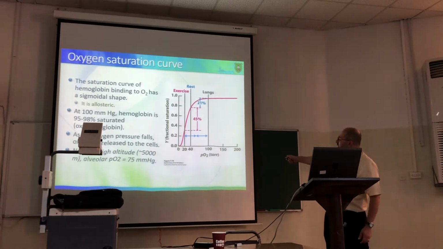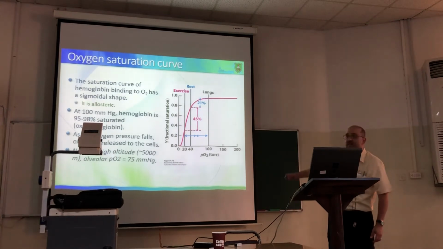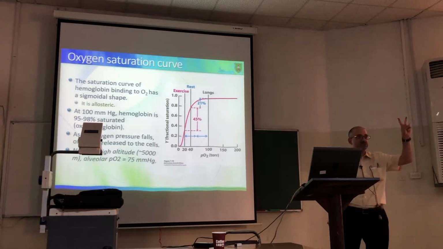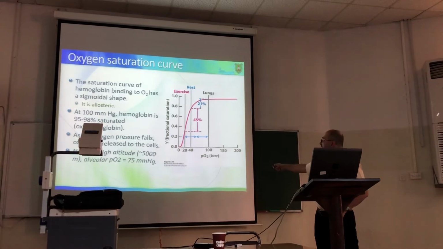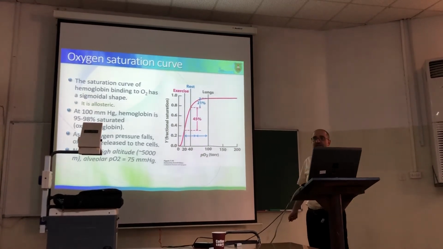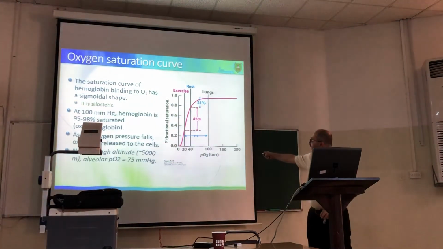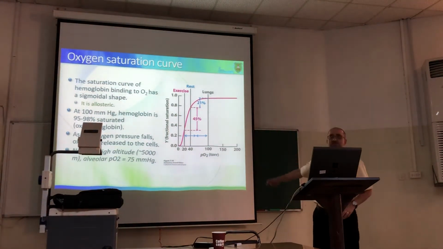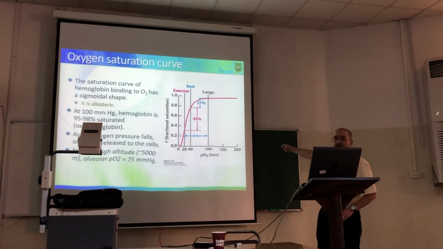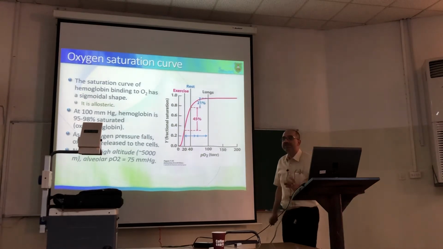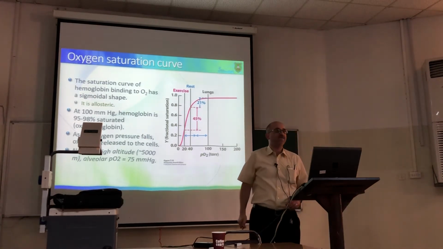The shape of this plot indicates that the protein has 2 structures: a structure right here indicating that this protein has low affinity for oxygen, and another structure right here, where the protein has high affinity.